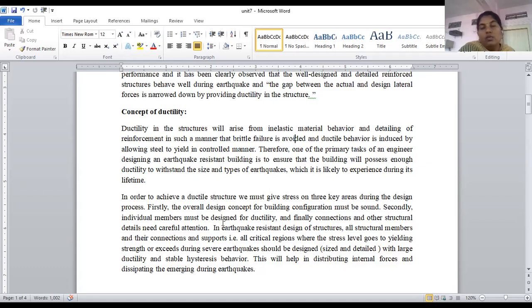Third, the connection between these RCC members should be strong, and then we can achieve the ductility parameter in the building. So I request all of you, please write down the concept of ductility.